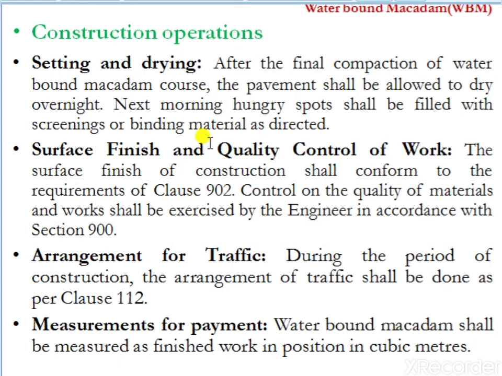So finally, it is measurement for pavement. Waterbound Macadam shall be measured as finished work in position in cubic meter. Once the construction work is complete, the last step is measurement for the pavement. A contractor has to be paid for his work, so the work done by the contractor is measured in terms of cubic meter.